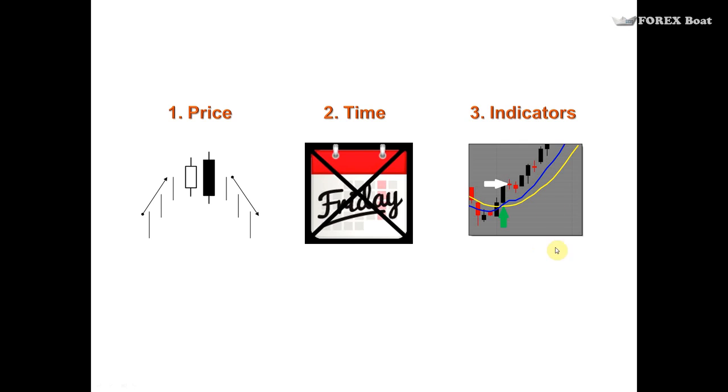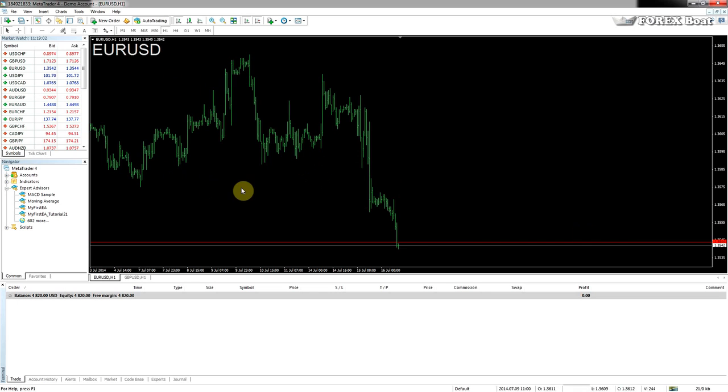So let's have a look at, for example, price-based decisions. These rules involve a very well-known domain of the forex market for traders, and that is patterns, candle patterns. So we'll just quickly go to the terminal and have a look here.